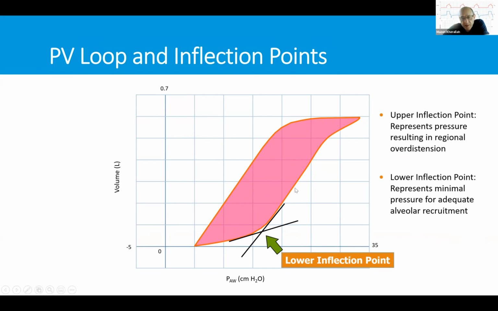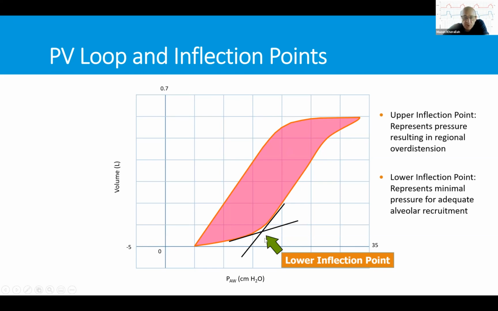And if you get two tangents, you can determine a point that we call the lower inflection point, below which the system is de-recruited. You really need to make sure that you're keeping the system above this point. The way you do it is by applying a higher PEEP in the system.